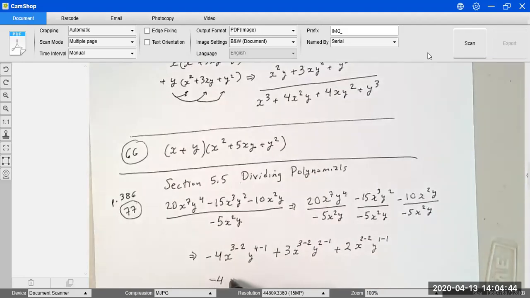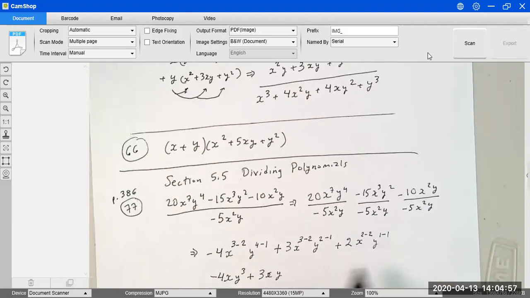negative 4xy cubed plus 3xy, and finally plus 2, because x to the 0 and y to the 0 each are equal to 1.